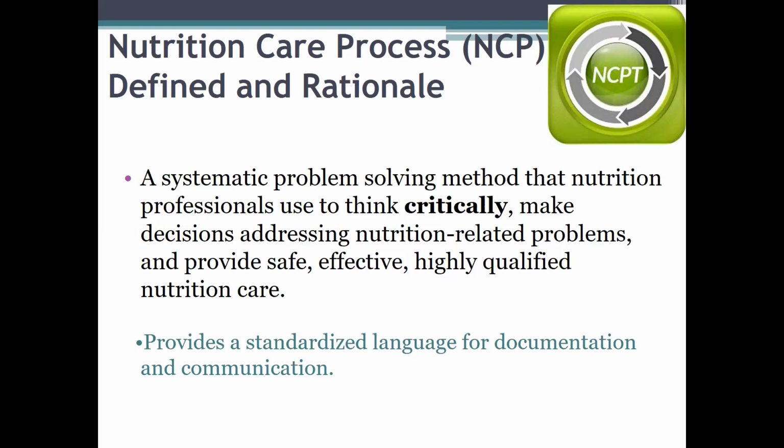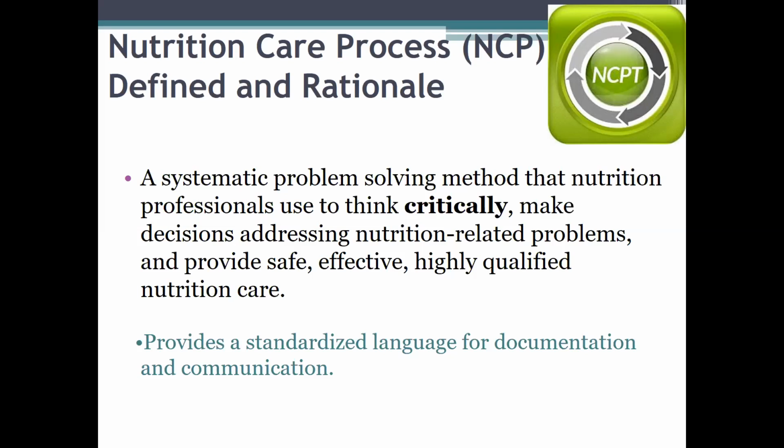So in terms of a definition that's kind of long and wordy, you know what a process is, right? You've got to go through steps in order to get to what you need. So we're talking about the steps you do when you are providing nutrition treatment for someone or a group of people. That's what the nutrition care process is, in my own words.